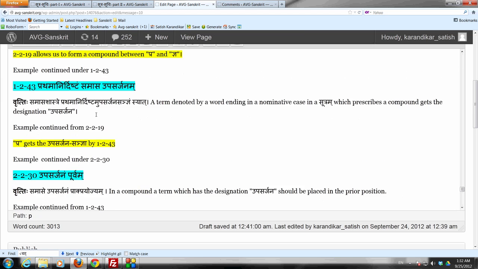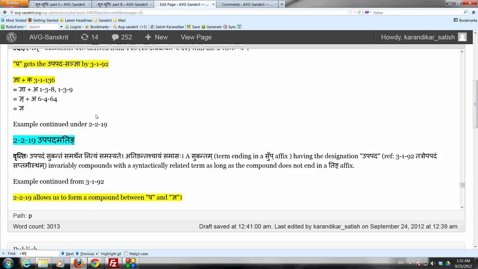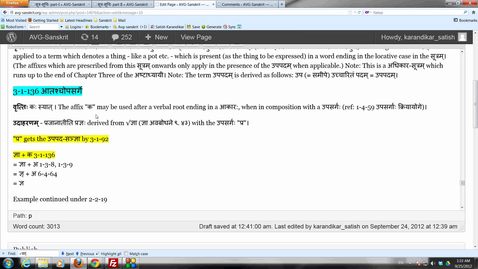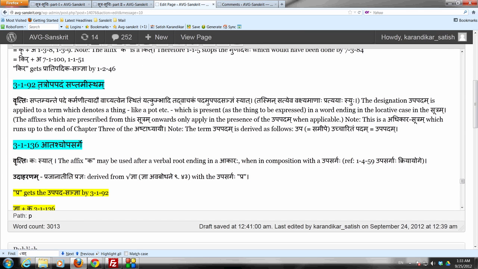Now this sequence is going to be used for every single upapada samasaha. First we're going to remember tatra upapadam saptamistham, an adhikaraha which runs inside the dhatu adhikaraha, goes from 3.1.92 to the end of chapter 3. Then we will find a krit pratyaya vidhayaka sutram, which will prescribe an affix.